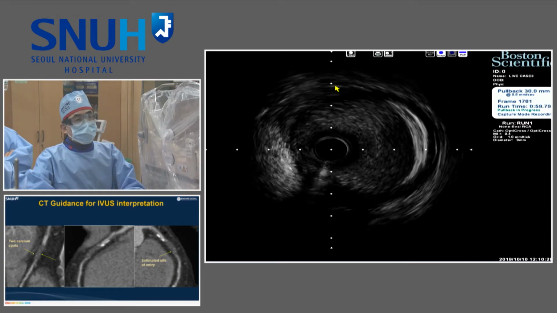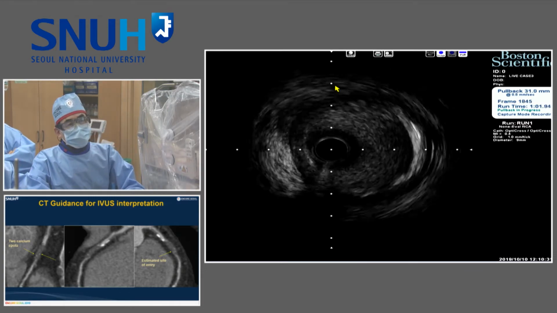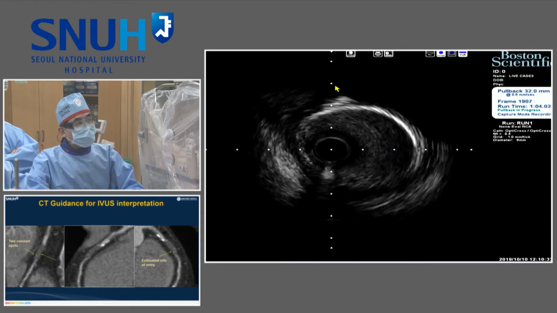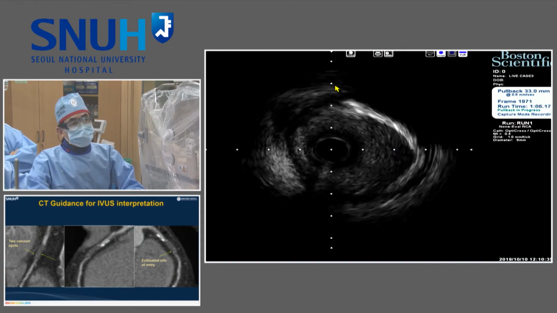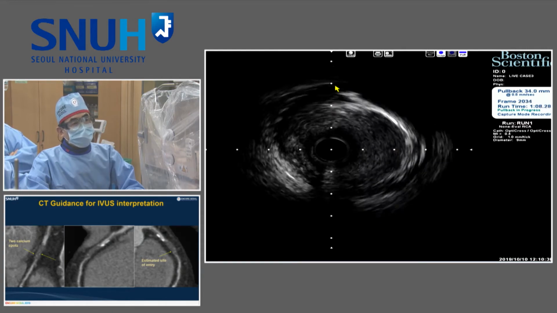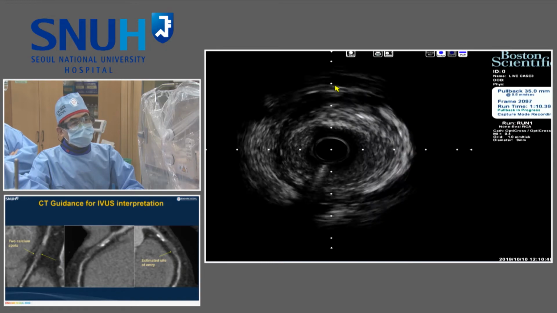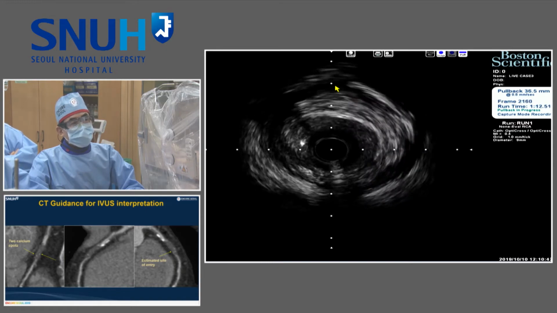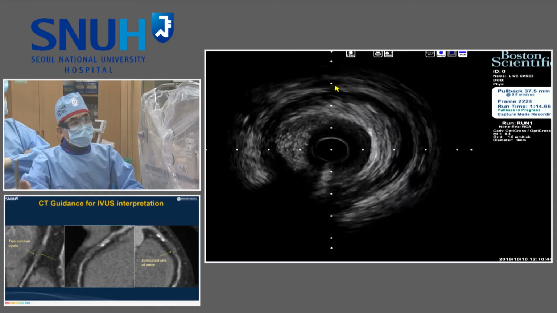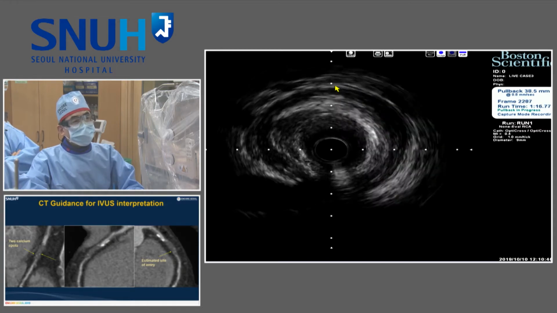Here's the proximal true lumen. Vessel size is about 4. Thus, proximal segments should be treated with 3.5 or more. This proximal lesion, MLD, is about 2, less than 2.5.